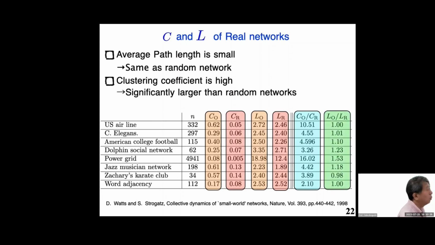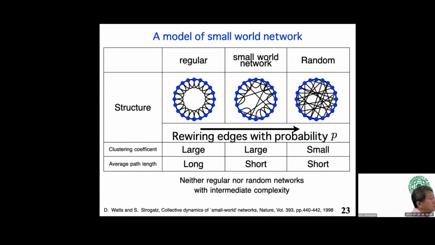Then Watts and Strogatz proposed a model of the small world phenomenon. This is an overview of the small world network model proposed by Watts and Strogatz. They show that by transforming a regular network, a network with small world properties can be created.